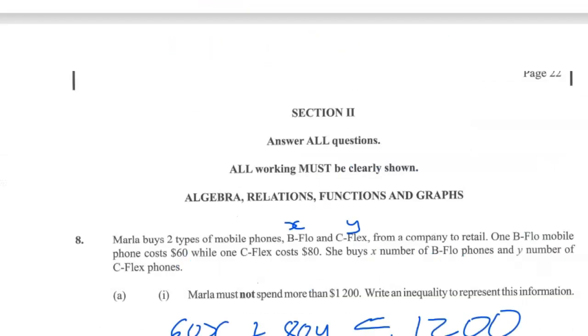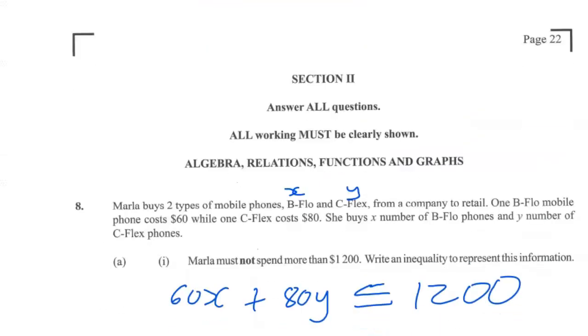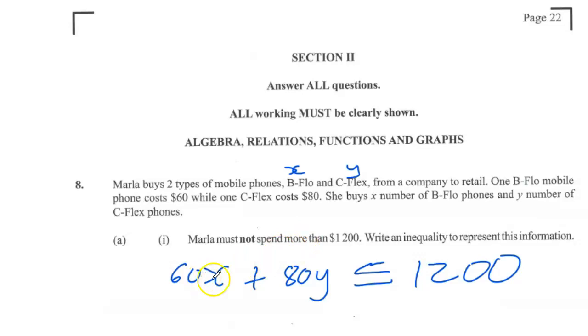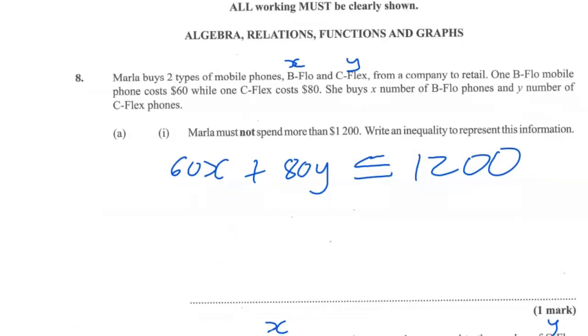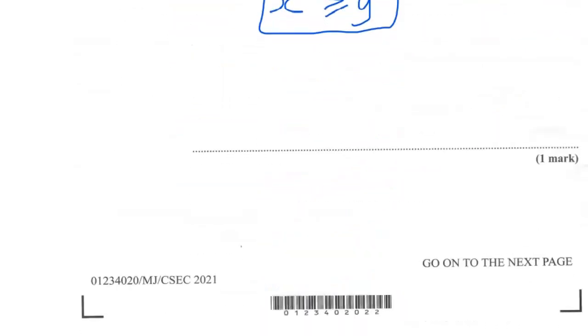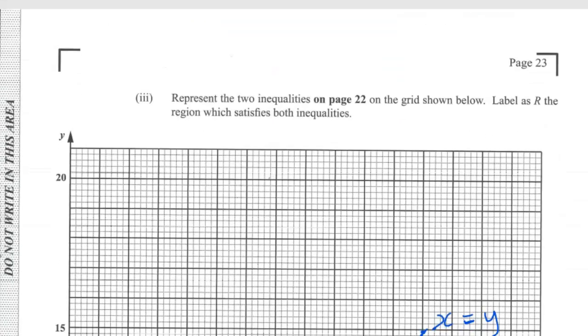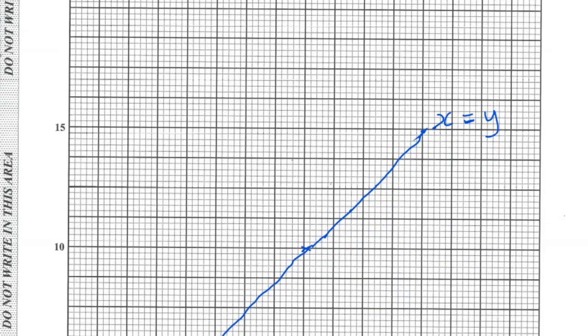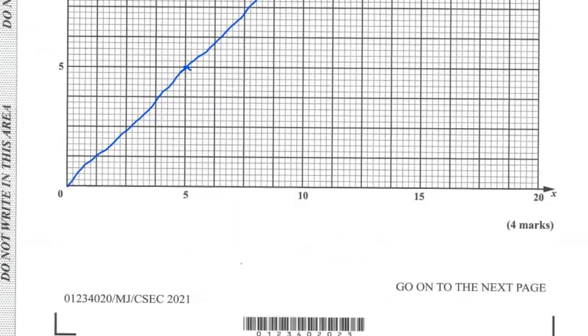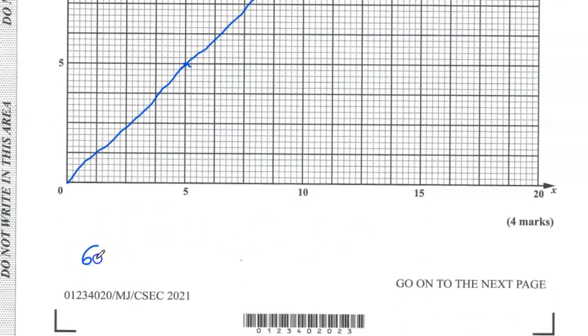The other equation, the line which represents this equation will be 60x plus 80y equal 1200. Let's draw the line 60x plus 80y equal to 1200, a very easy line to sketch.